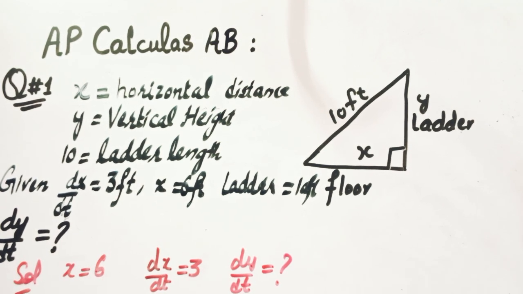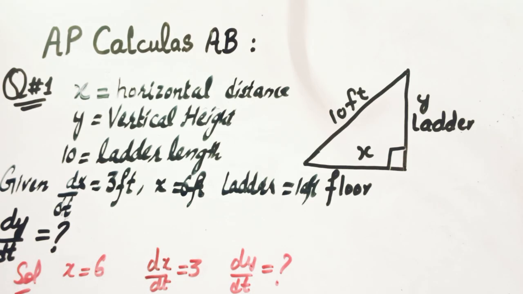Never confuse position with rate. x equals 6 tells us exactly where it is; dx by dt equals 3 tells us how fast it's going. We are hunting for the unknown rate, that is dy by dt.